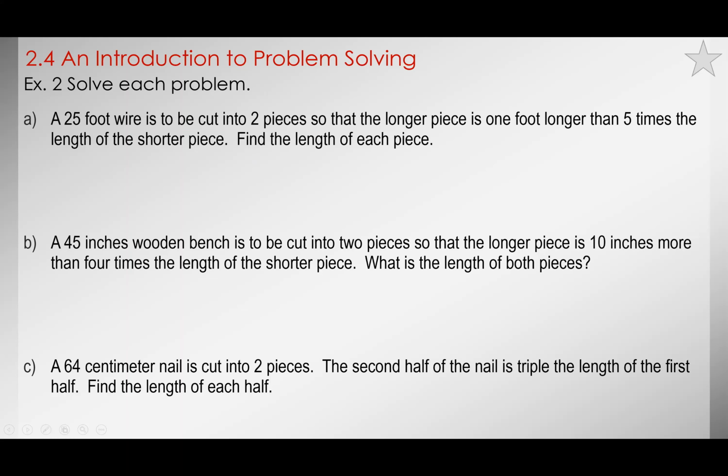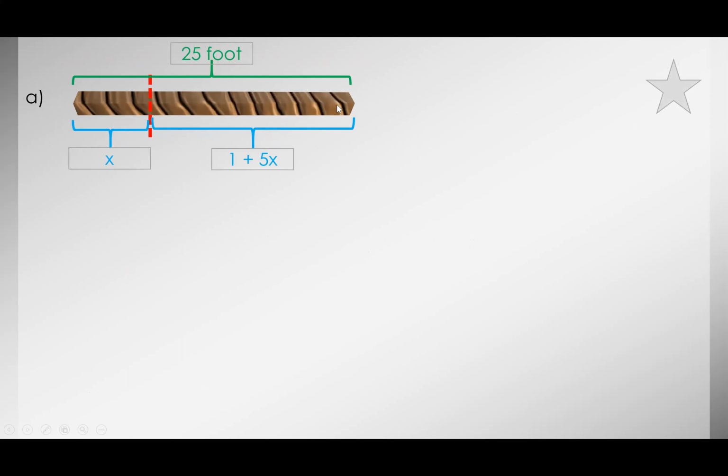So that's my setting: this is 25 feet long, I need to cut it into 2, and the longer piece is 1 foot longer than 5 times the shorter piece. The question is how to analyze that word problem to give you this diagram.